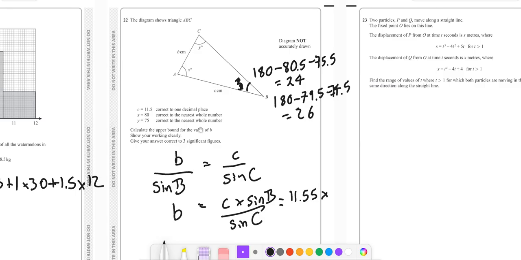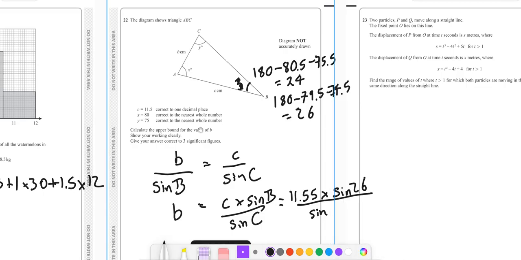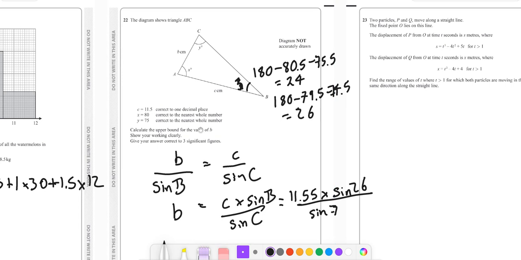And a big value for sine b, and sine is increasing, so we just want a big value of b, so the biggest value of b is 26, so sine 26, over sine, and we want a big value of little b, so we want to divide by as small a number as possible, so the smallest value of sine c is at 74.5.